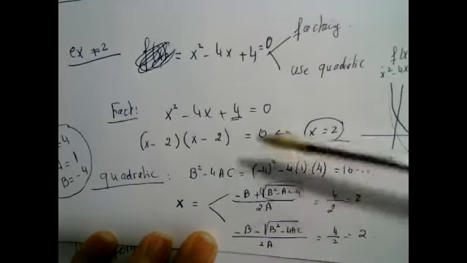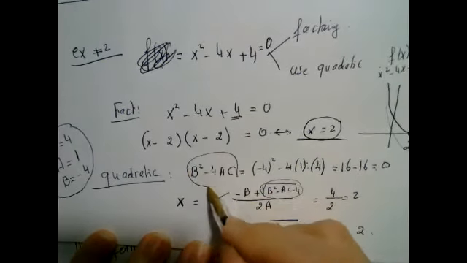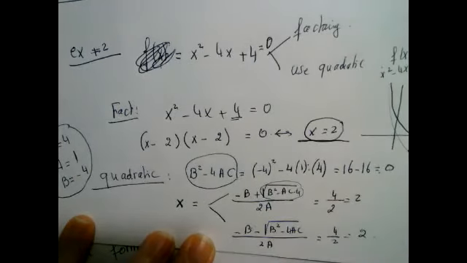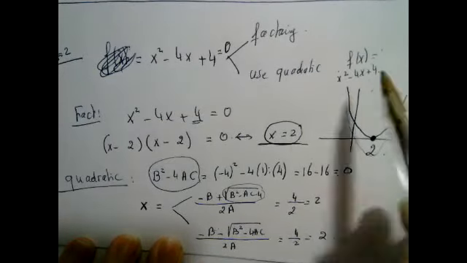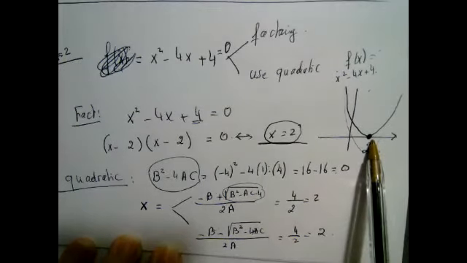So if b squared minus 4ac is equal to 0, then my quadratic equation has only one solution. We don't have 2 solutions. So if I sketch the function f, x squared minus 4x plus 4, that's the picture we have.